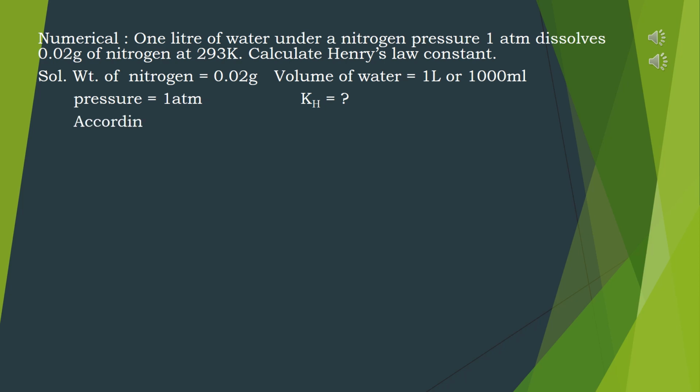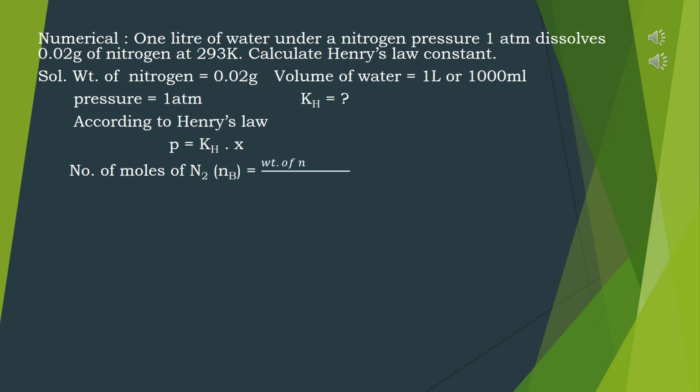According to Henry's law, P pressure is equal to Kh into X, where X is the mole fraction of nitrogen. First of all, we have to find out the mole fraction of nitrogen. Number of moles of nitrogen is equal to weight of nitrogen divided by molecular weight, which comes out to be 7.143 into 10 raised to power minus 4.